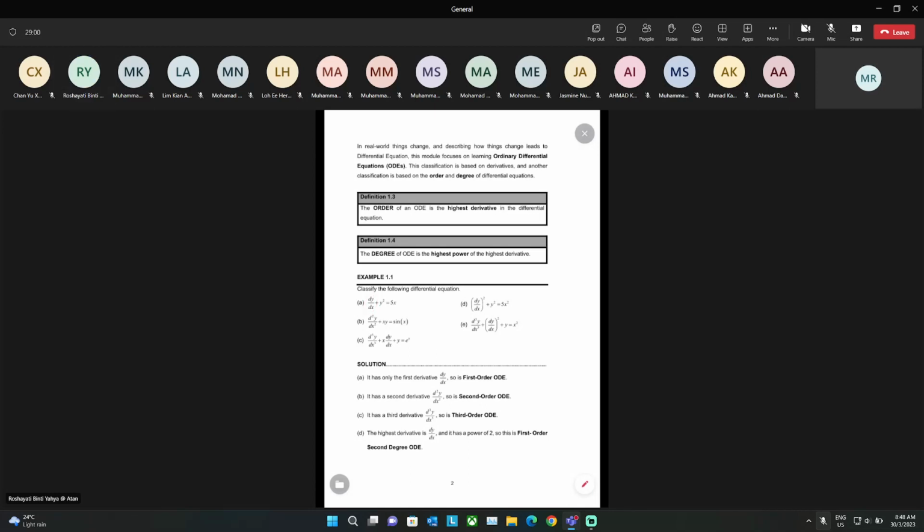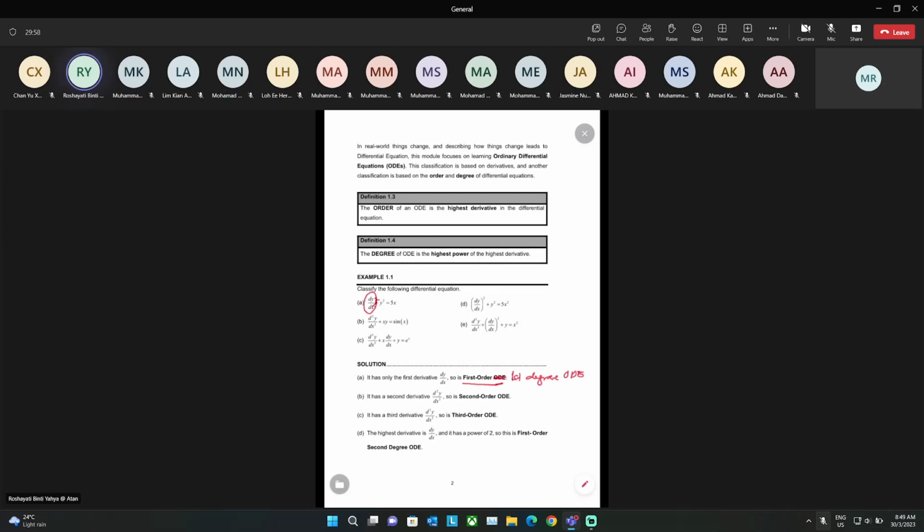It hasn't mentioned the degree, but if I ask you what the degree is for question A, it is first degree, because the highest derivative is this dy dx. So it has first order, and the degree is 1. If we want to write it in a complete way, we write first order, first degree ODE.